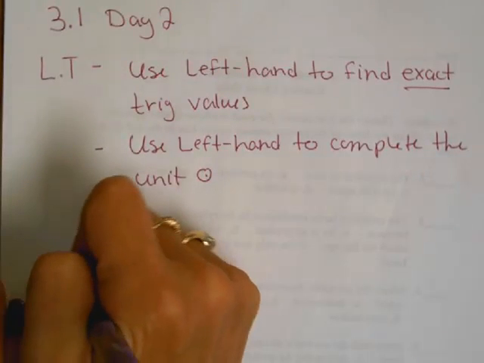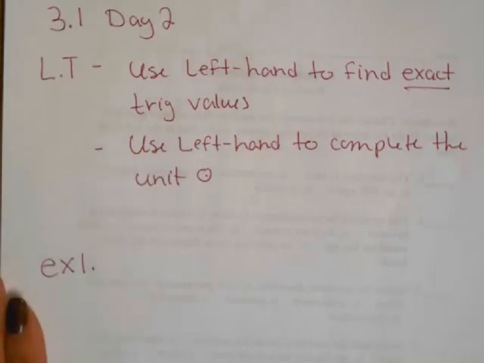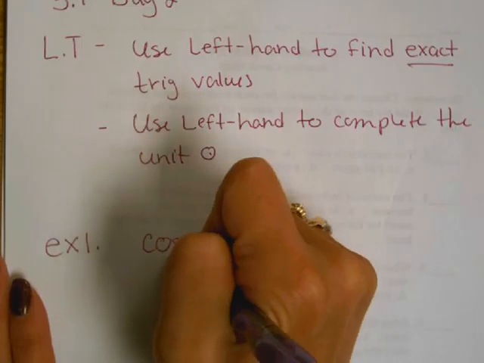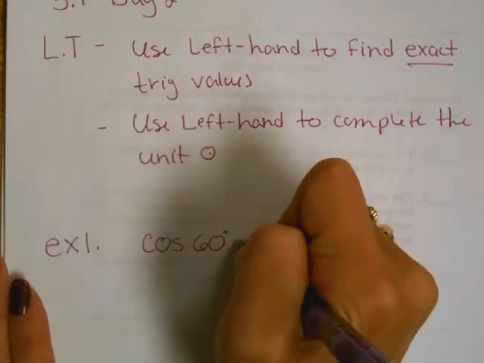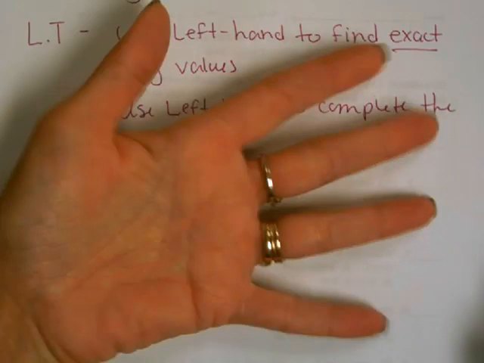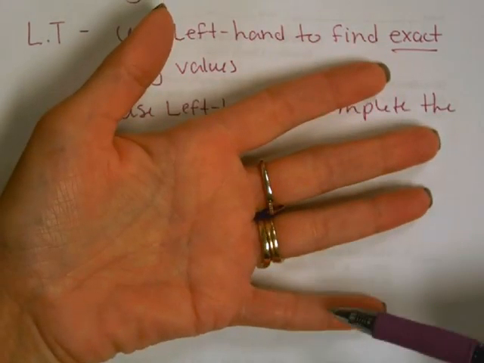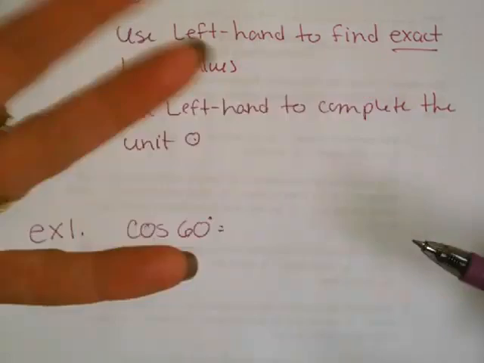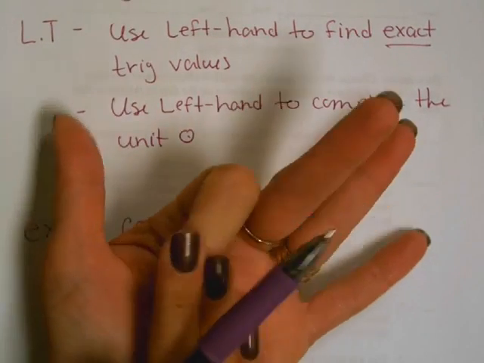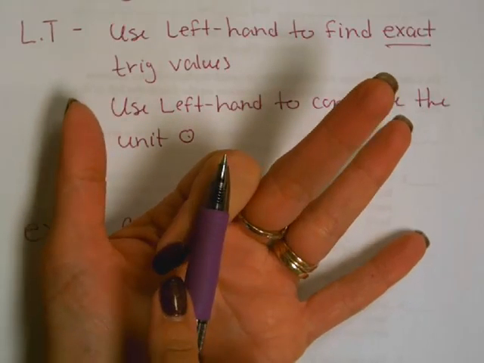So, example 1. Let's start easy, the cosine of 60 degrees. How'd that work again? 0, 30, 45, so 60. What's that ordered pair tell us again?